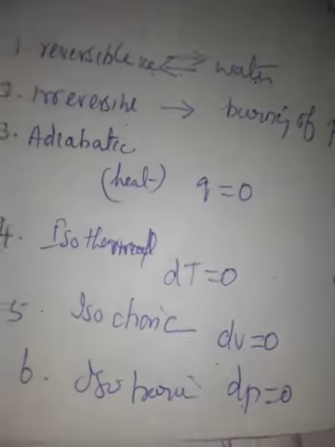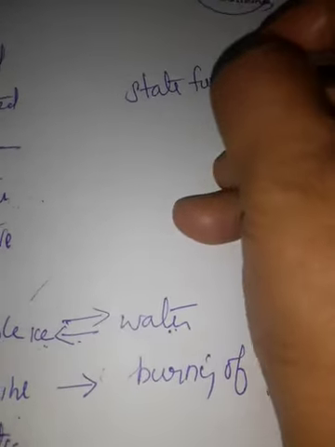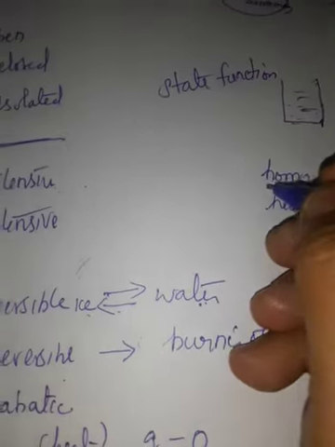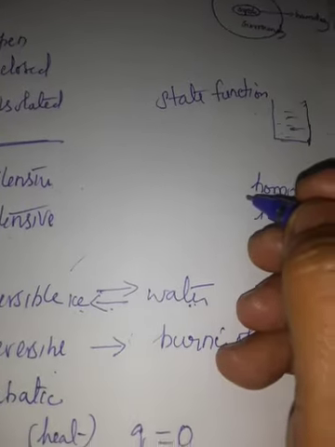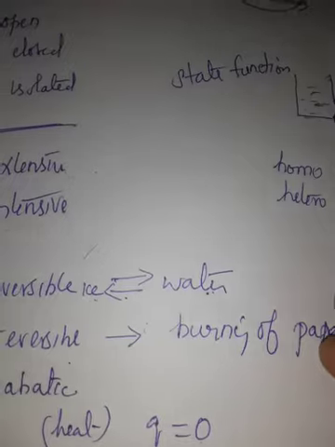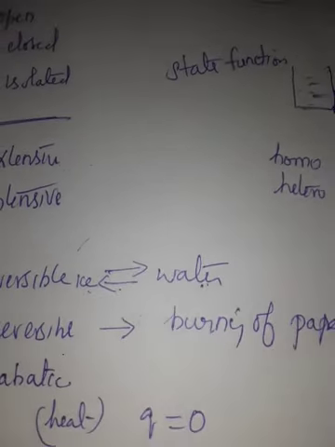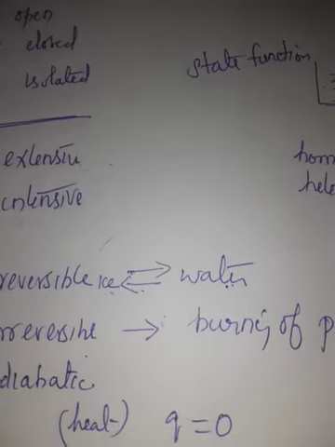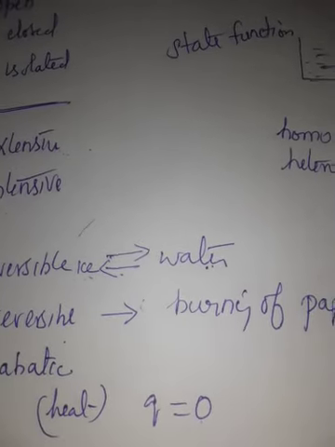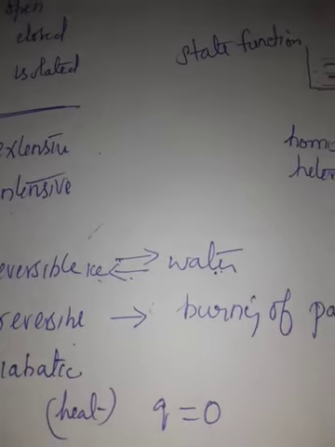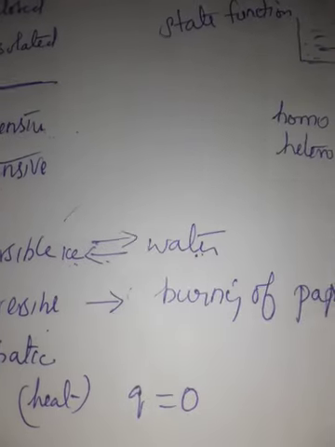Now, there are two more properties, state function and path function. A thermodynamic system can be defined by four variables: pressure, volume, temperature and number of moles. A state function is a property of the system which does not depend on the path.